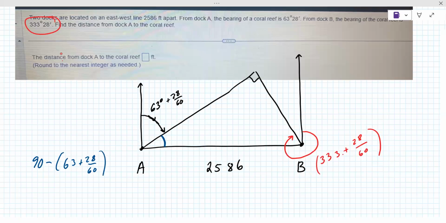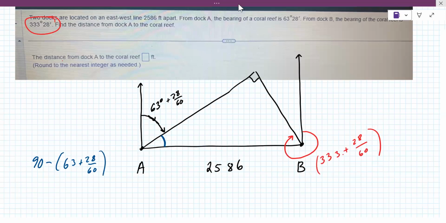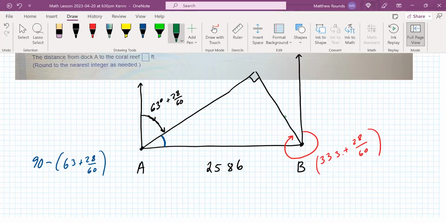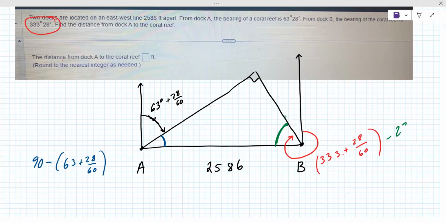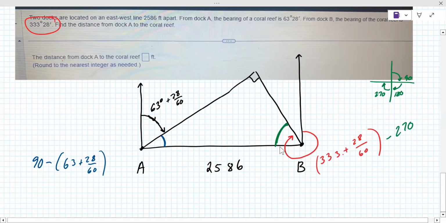But you only care about the green. The green is based on subtracting 270 from this. From the north, if you go here, that's 90, another 90 is 180, another 90 is 270. So you subtract 270 to get just this part in the green.